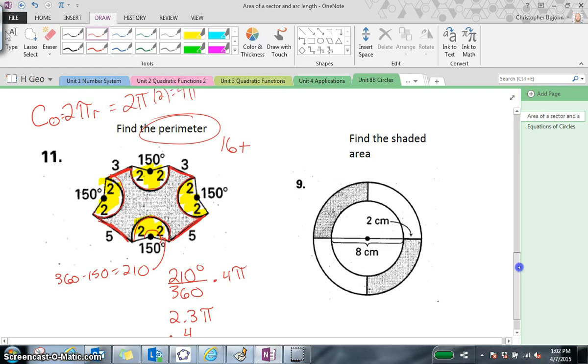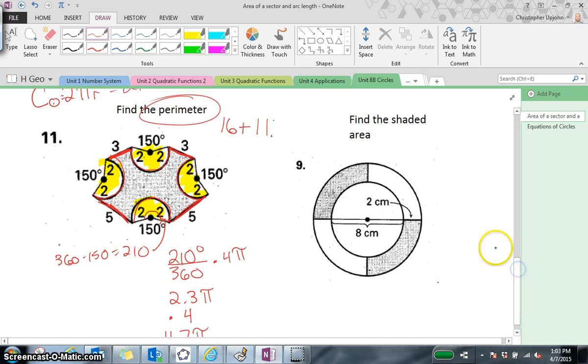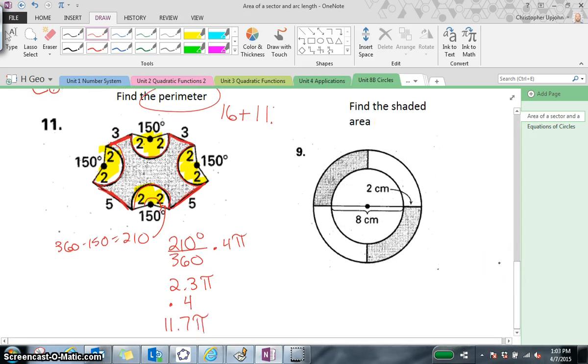And we're just going to keep pi in our answer, so 16 plus 11.7 pi. Oh, sorry, I multiplied that wrong. It's not 11.7. It's 9.3. 9.3 pi, and there are no units, we'll just say units.